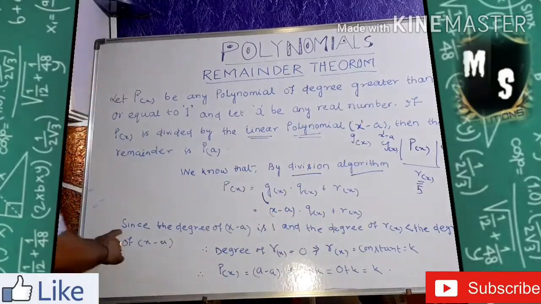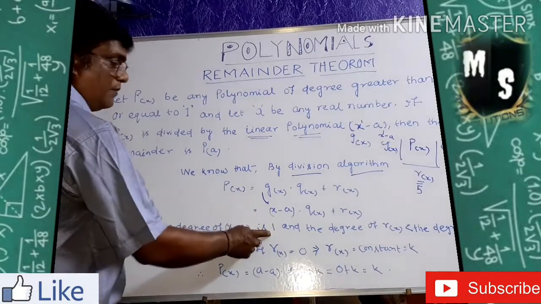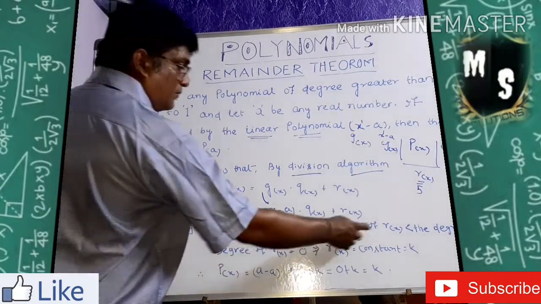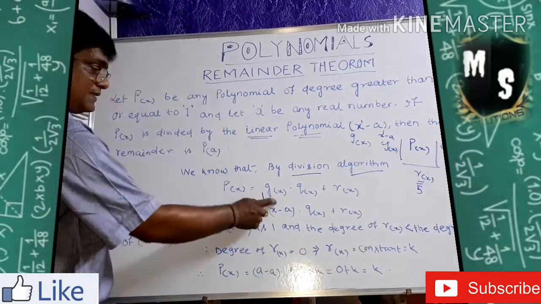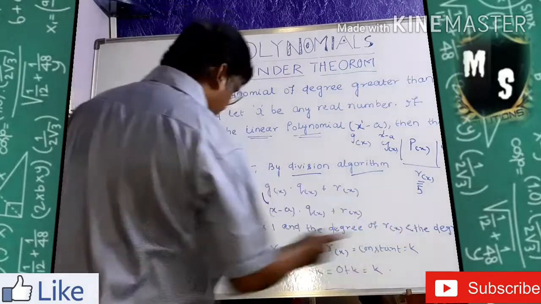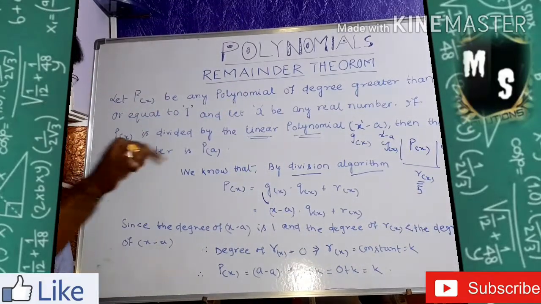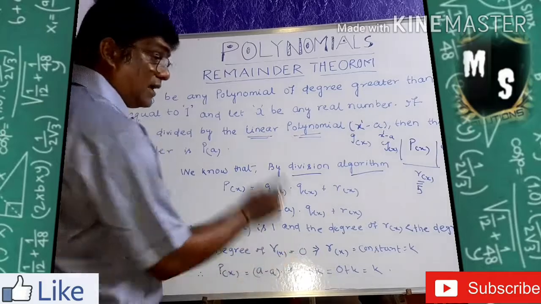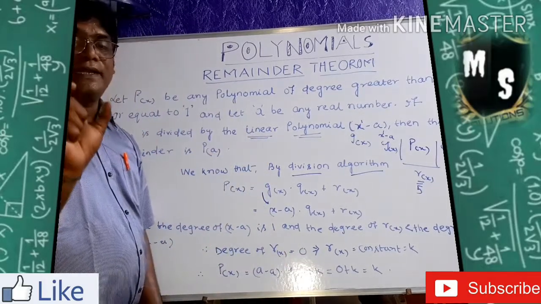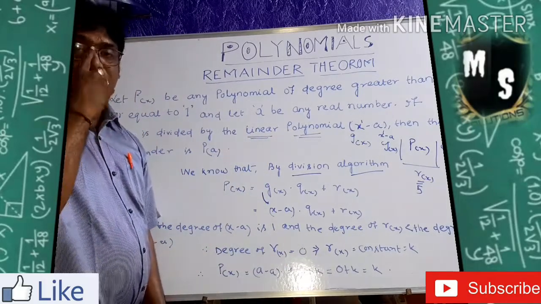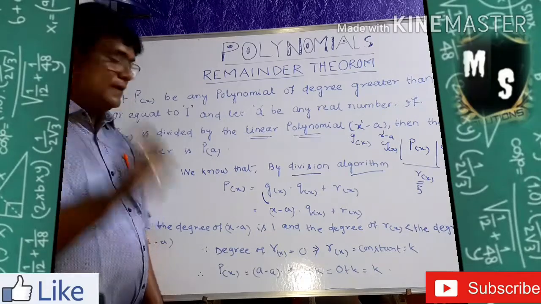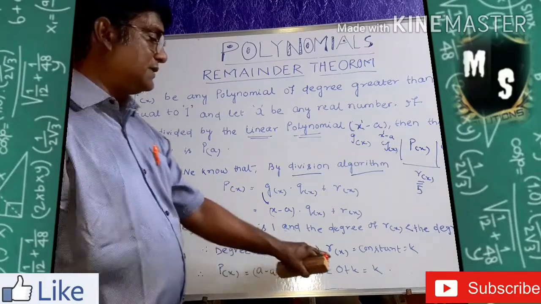Then you see, since the degree of the linear polynomial is 1, the degree of r(x) will definitely be less than 1. It is less than the degree of x minus a. That means it is 0. So r(x) degree is 0. Remainder polynomial degree, that is 0. That means r(x) is a constant.